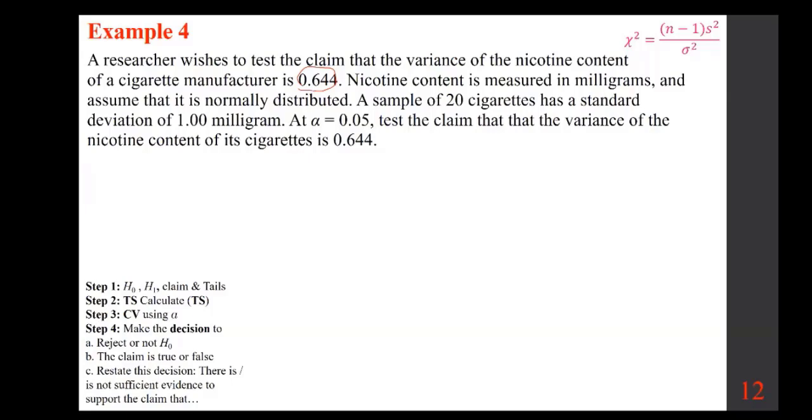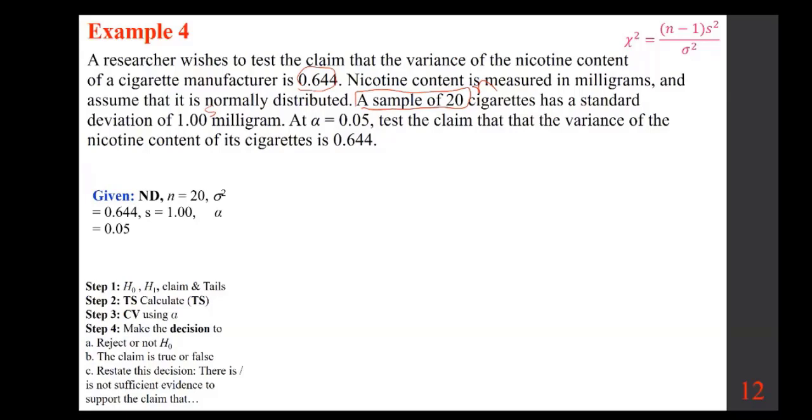In any event, what do we do to check that? We come up with 20 samples. That's n. And the standard deviation for the sample is 1. So that's s. Alpha is 0.05. And so n is 20, sigma squared is 0.644, s is 1, alpha is 0.05.